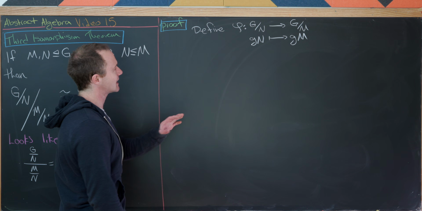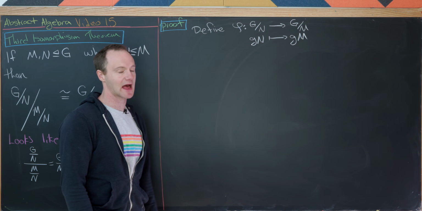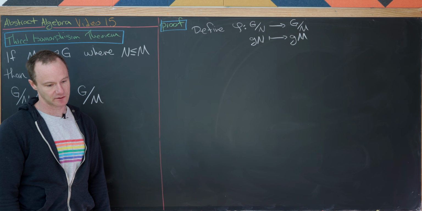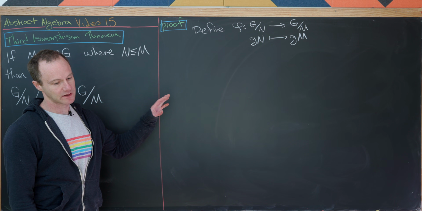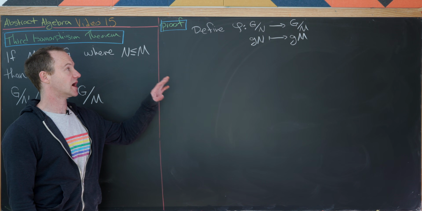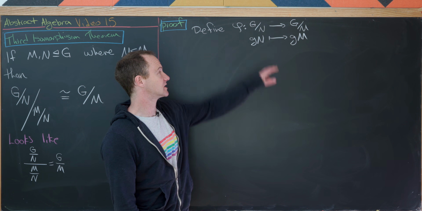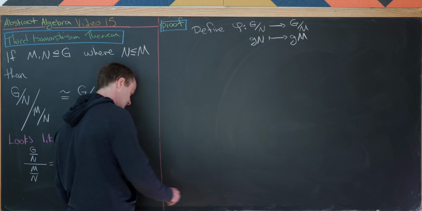Okay, so now let's get started with the proof, and this proof will also be hinged on an application of the first isomorphism theorem. Let's start with the following map. So it will go from G mod n to G mod m, and it will take the coset Gn to the coset Gm.